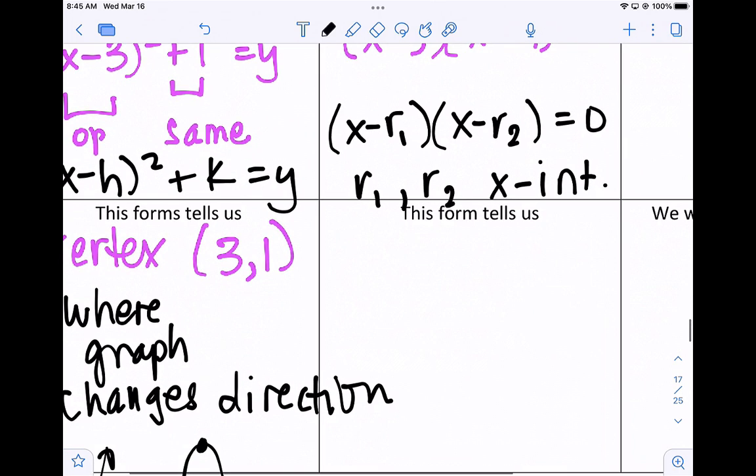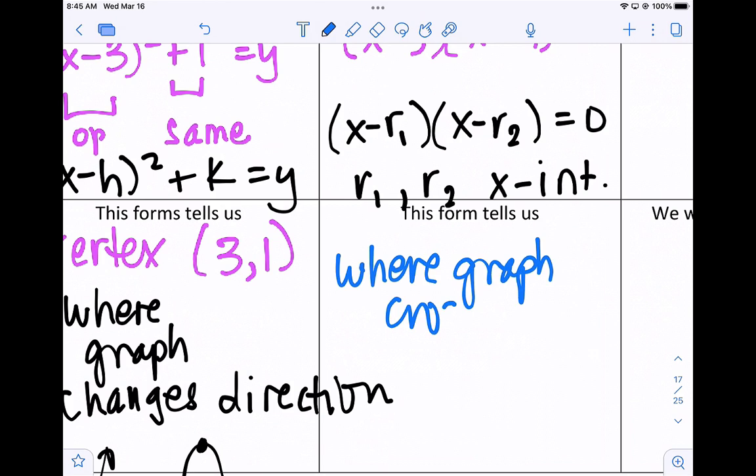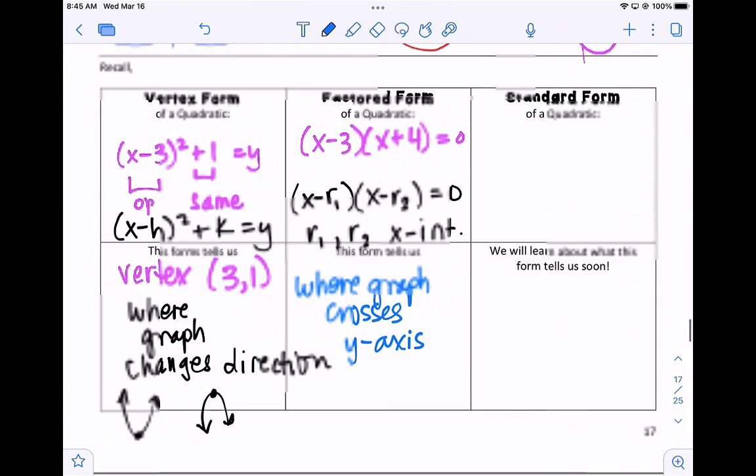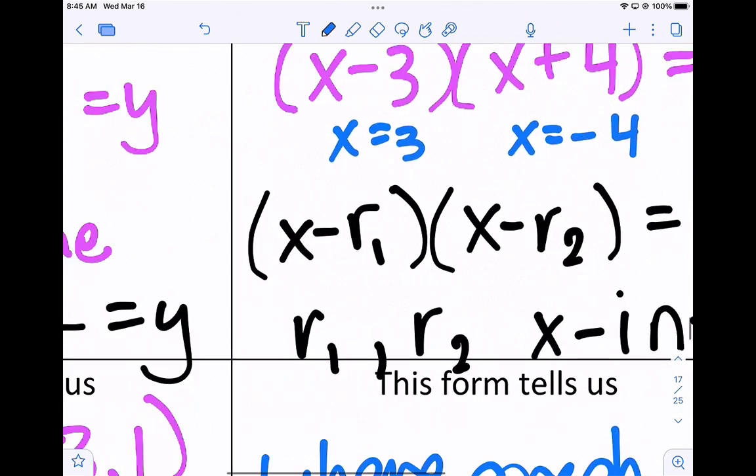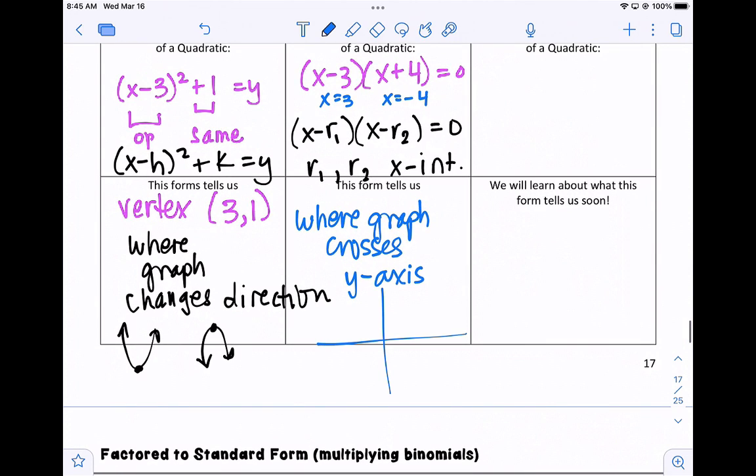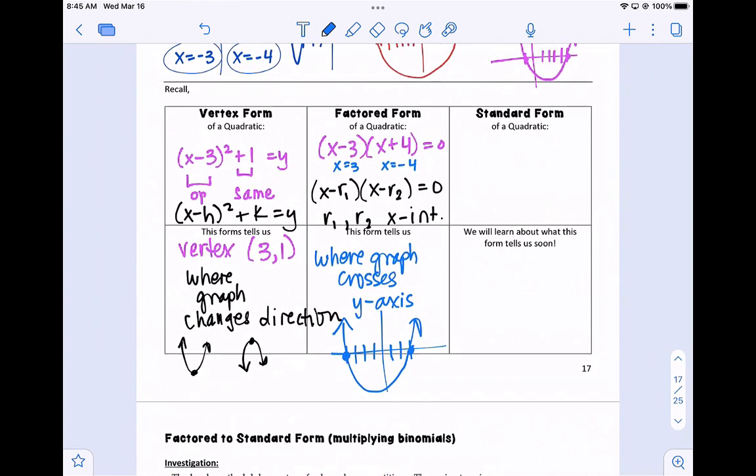So the form tells us where the graph crosses the x-axis. So for this problem right here, it would be at 3 and it would be at negative 4. So if we were to graph it, 1, 2, 3, 1, 2, 3, 4, and you would have your graph, your parabola.